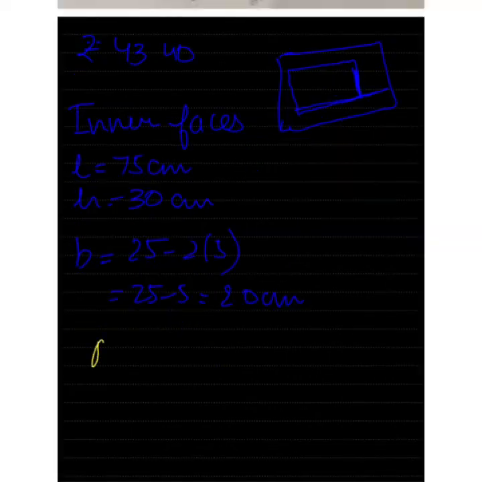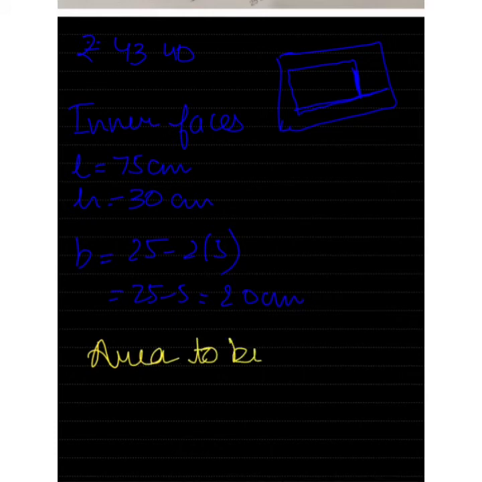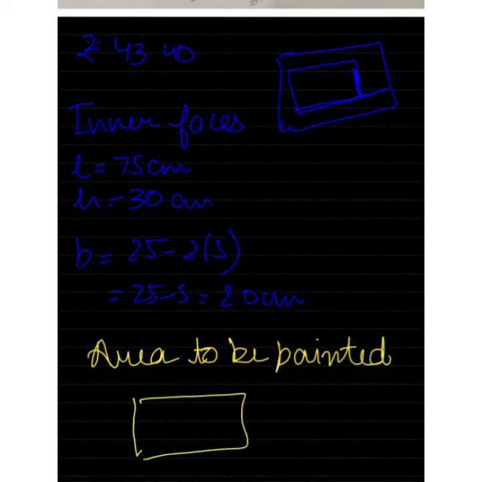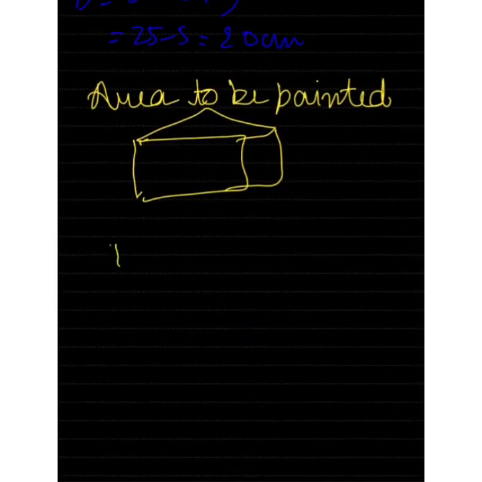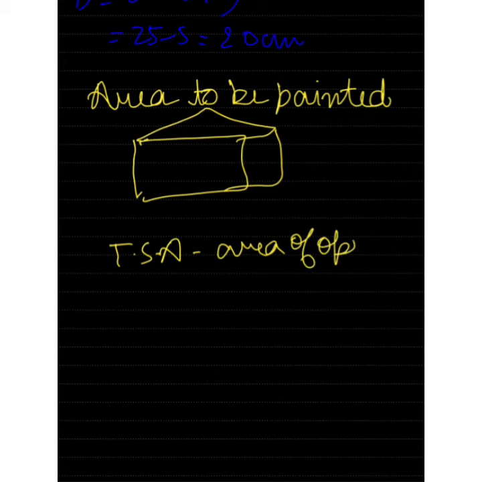Now we need to find the area to be painted. So area to be painted will be equal to, this was a drawer, so we can calculate it as TSA of the whole figure minus the area of open portion.